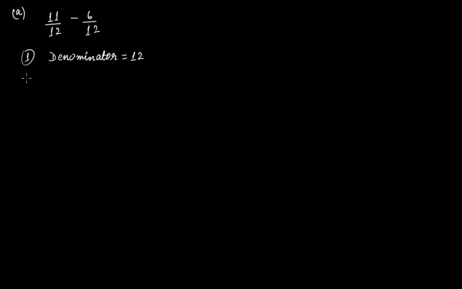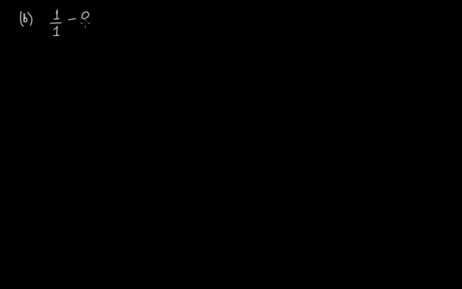The next step is to write the denominator, this 12, and then subtract the numerators, 11 minus 6. The third step is the answer. If you subtract 11 minus 6, you will get 5, divided by 12. So this is the answer.